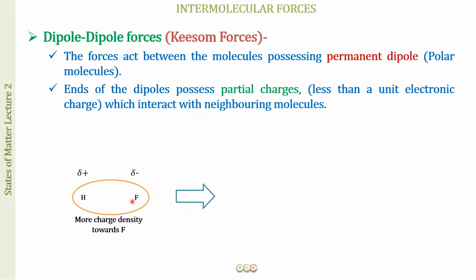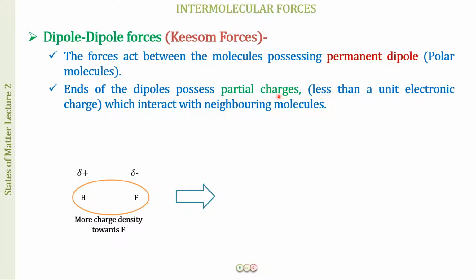We have 1 unit charge equal to 1.6 into 10 power minus 19 coulomb, that is the charge on one electron. And the charge on the electron is the least known charge to us. That is why we call that 1 unit charge. Okay, so here the complete transfer of electrons is not taking place, so the charge is less than 1 unit charge always. That is why we call it a partial charge.